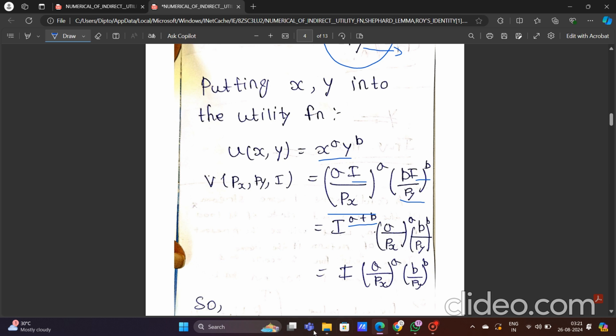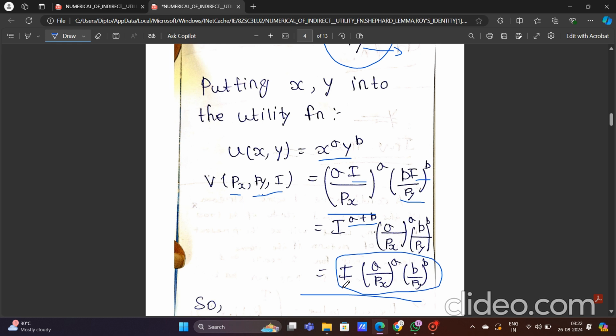Why am I calling it the indirect utility function? Utility is a function of the quantities of the commodities that we are consuming. But the indirect utility function is the function of the prices of the commodities and the income. As you can see, this utility function represented here doesn't contain the quantities of the commodities.